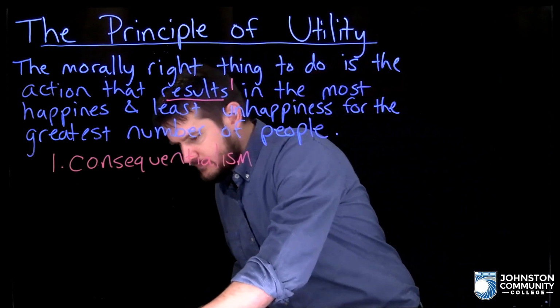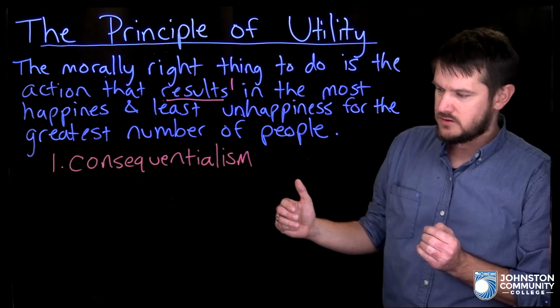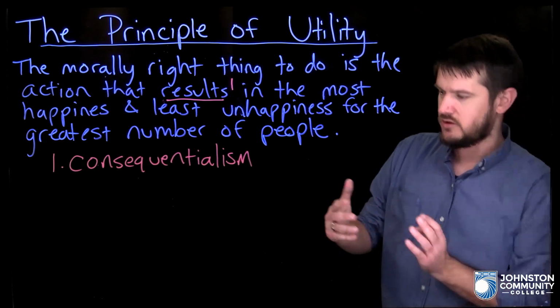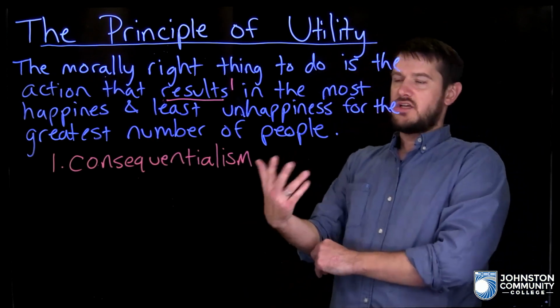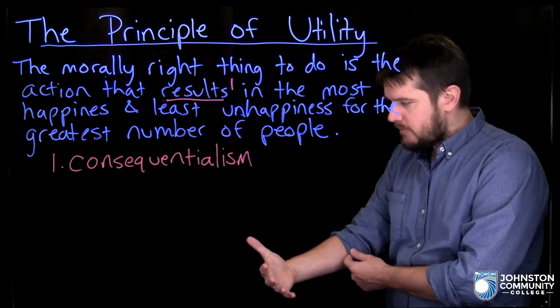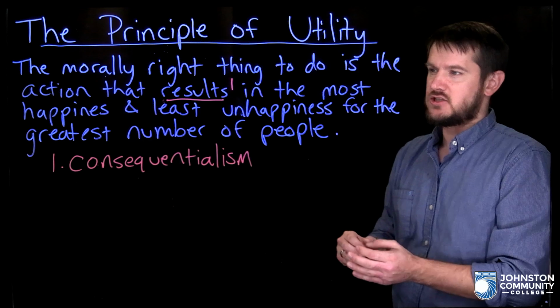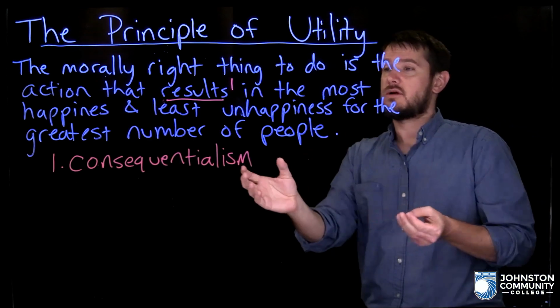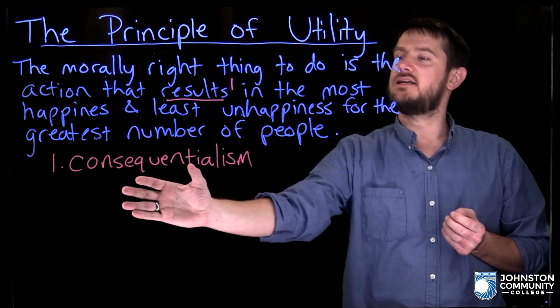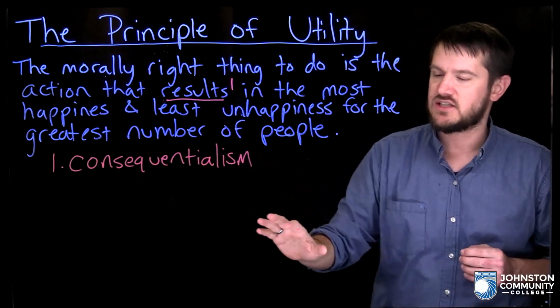And so those of us who opted to turn the trolley car off onto the sidetrack to kill the one, to avoid killing the four, made an appeal to the consequences. We said that given the tragic dilemma, the right thing to do was the thing that had the best consequences, that resulted in the least loss of life. So that's what consequentialism is. It's the idea that morality is primarily a matter of the consequences of our actions.